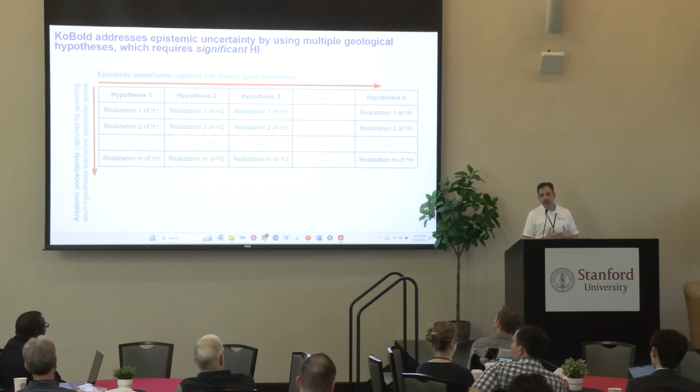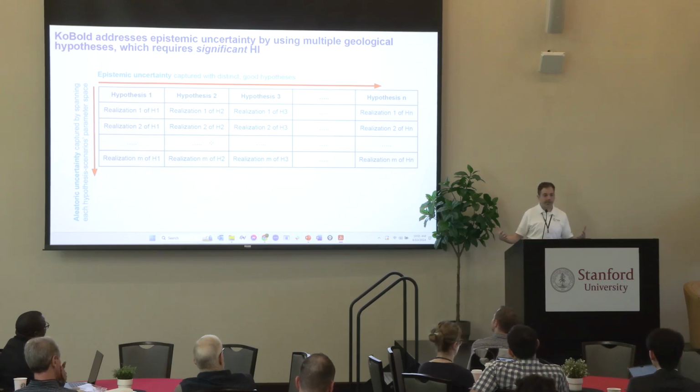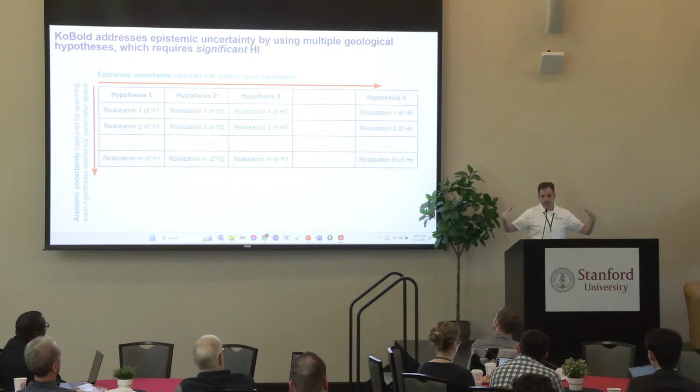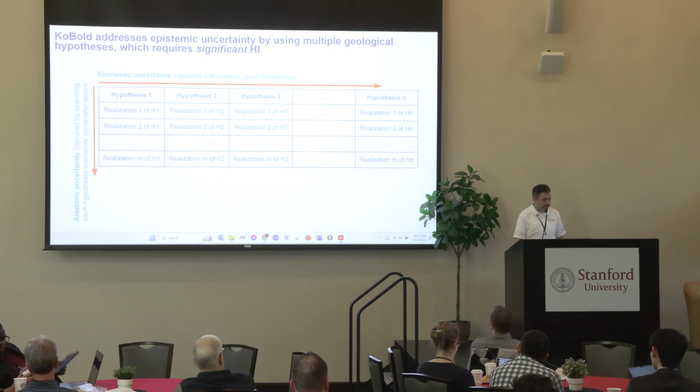So what we end up with is thousands of realizations of the geology and the subsurface characteristics that we care about, coming from multiple different, what you would classically call geological models, but really totally different hypotheses about what might be happening there. And that also come from the full distribution of possible geostatistical methods that apply there.